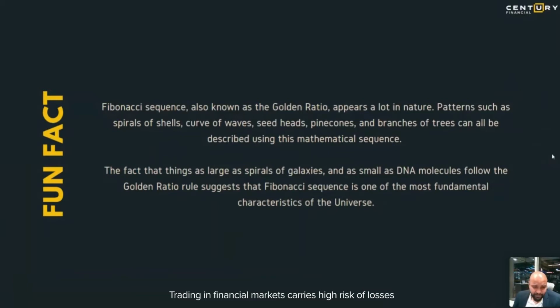Now, basically, what it says is that whatever structure, whatever living things that you look at, everything has a Fibonacci sequence to it, and pretty much it makes up our entire universe.